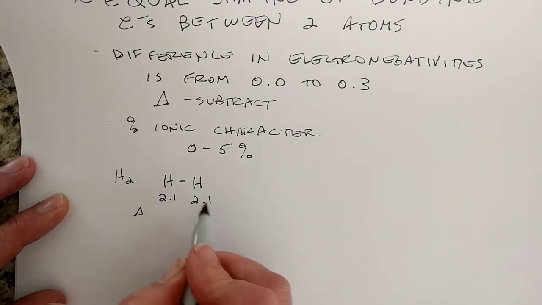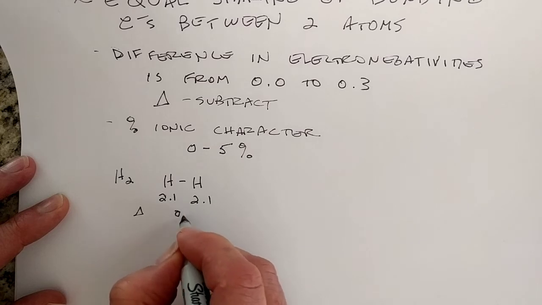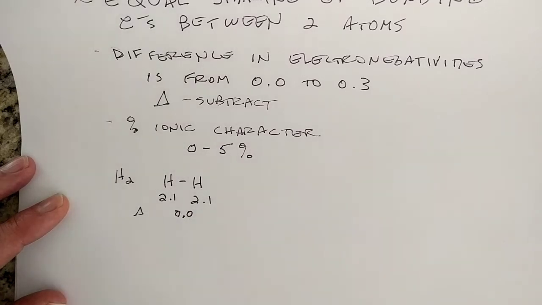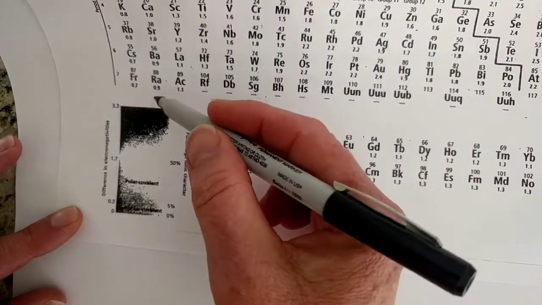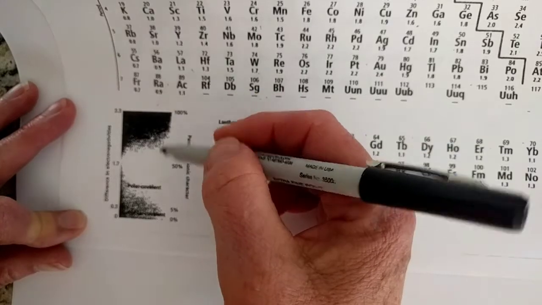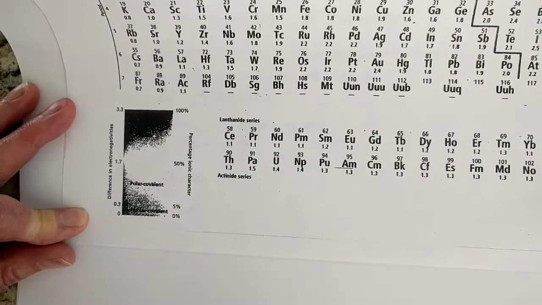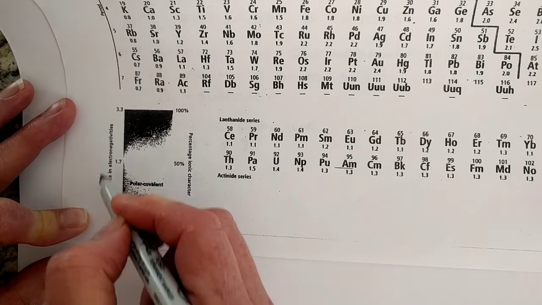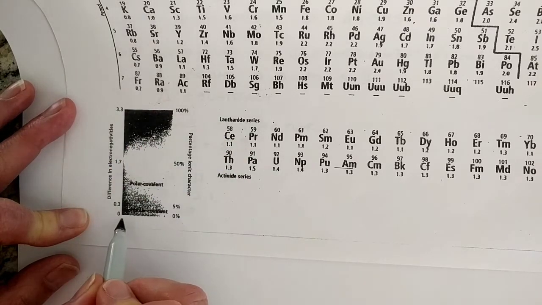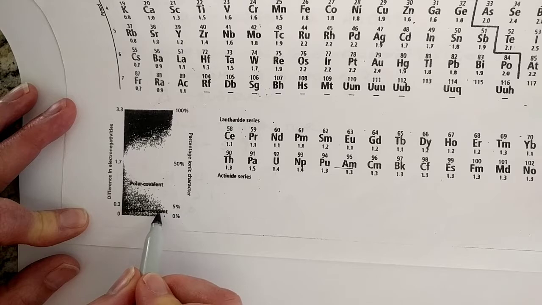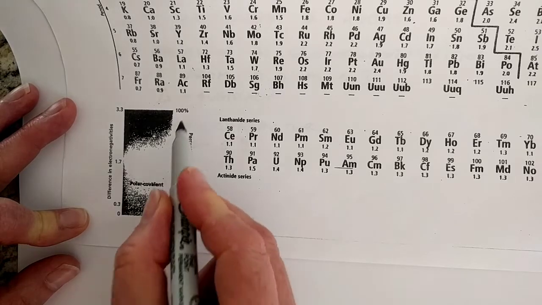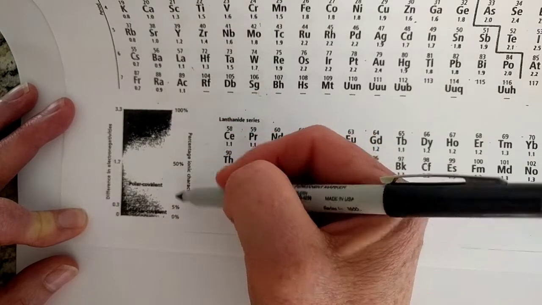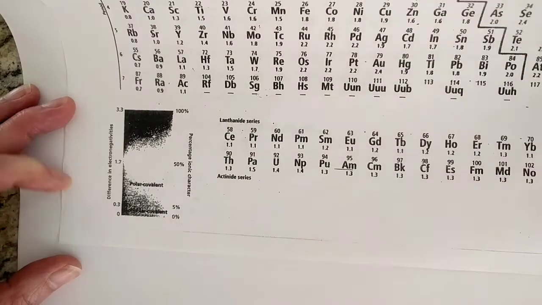So our delta, subtract them, we get 0.0. So if we look on that little chart, right here, this is what we're looking at. That's the one, I forget what page it's on. So if we have a difference of 0 in electronegativity, that's on this side, it means we have a non-polar covalent bond, and our percent ionic character, which is on this side, is 0%.